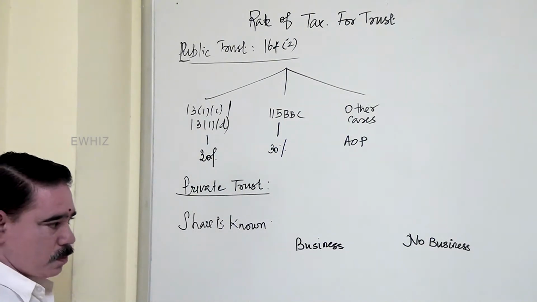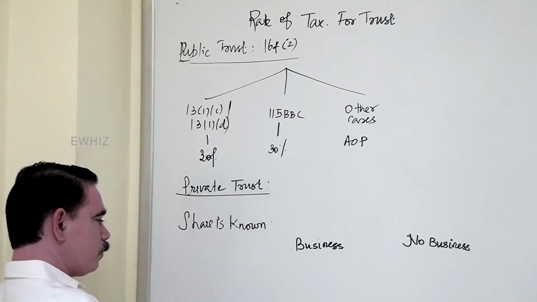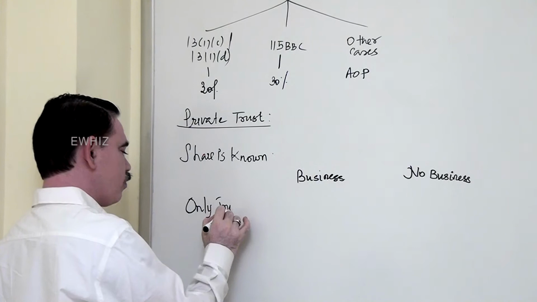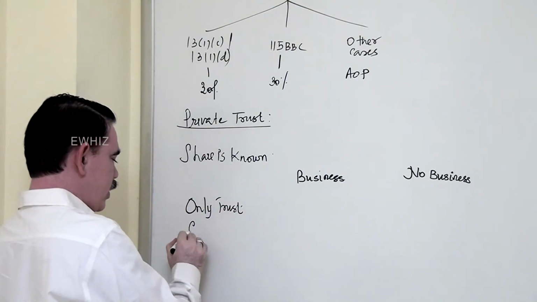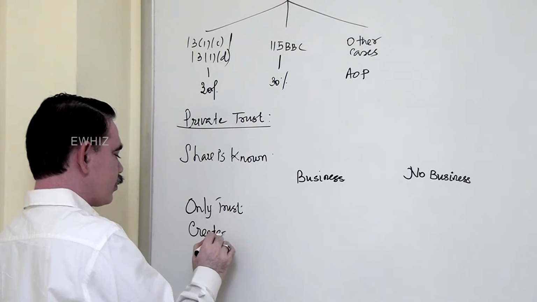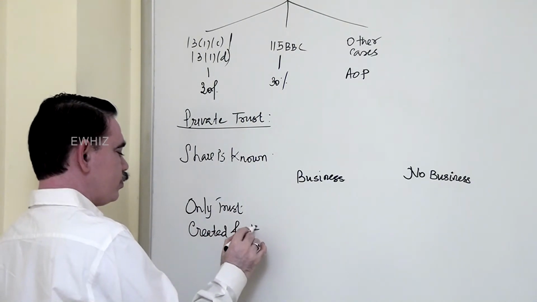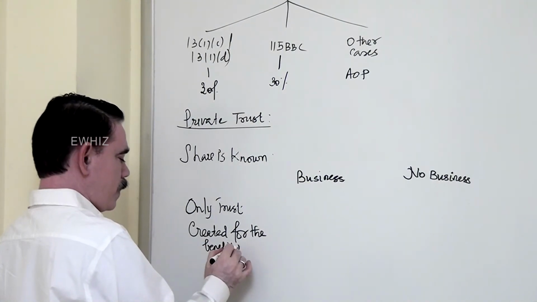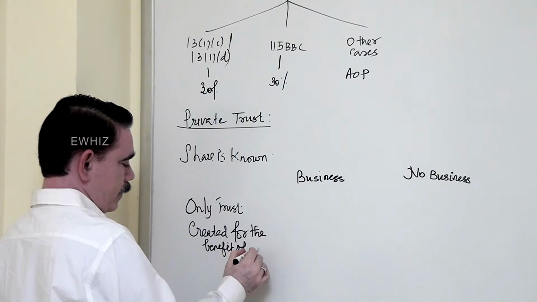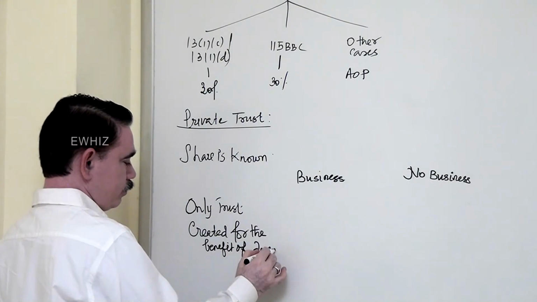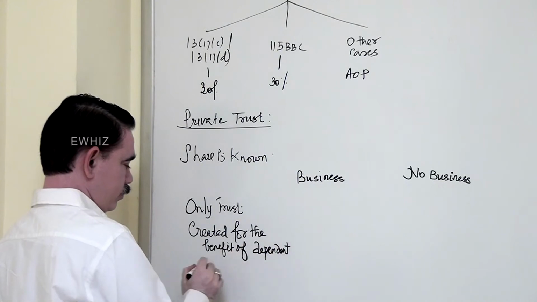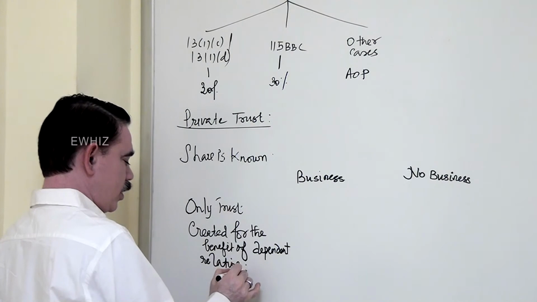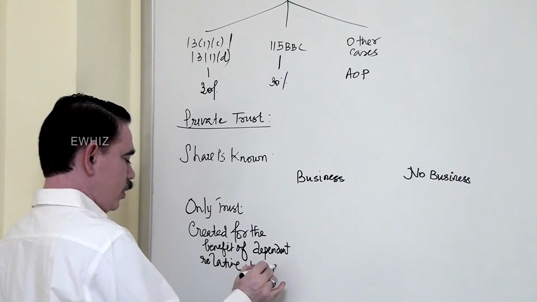Two classifications. Now, let us say the trust so created by the settlor is the only trust created for the benefit of a dependent relative, and that is created by will of the person.